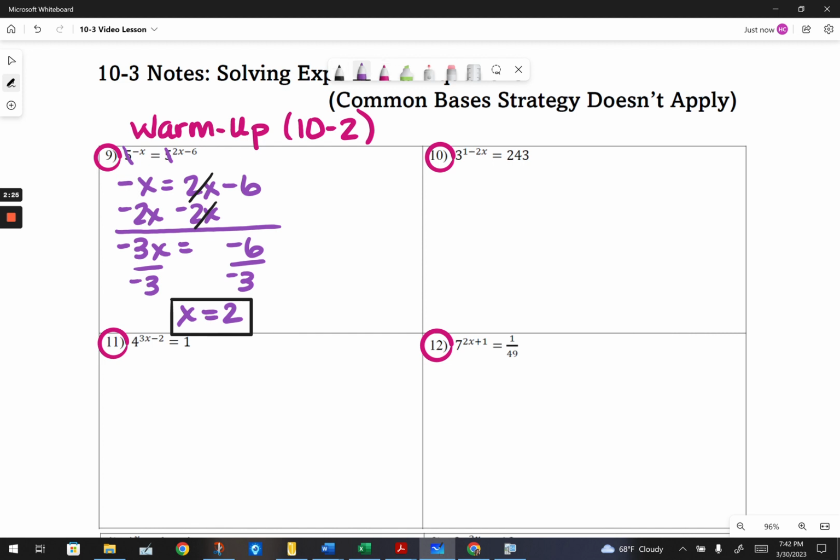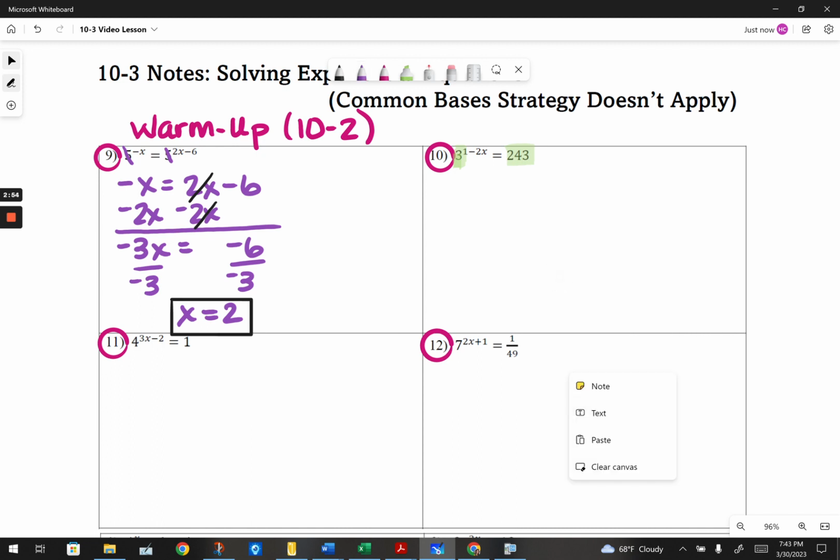We'll come back over here to the next one. Now over here on number 10, our bases are not identical. The 3 that we have here is not matching the 243 over here, just like it did with the 5. So I need to force 243 to have a base of 3, because 3 and 243 can be rewritten with a base of 3.